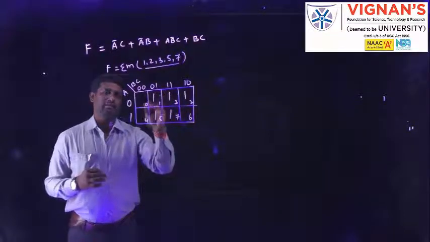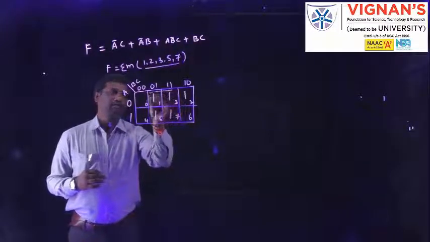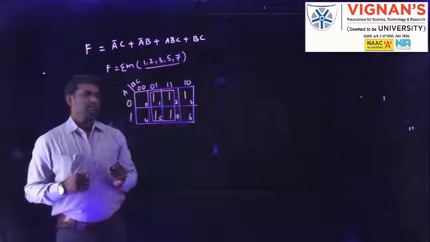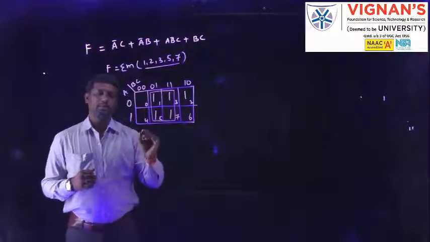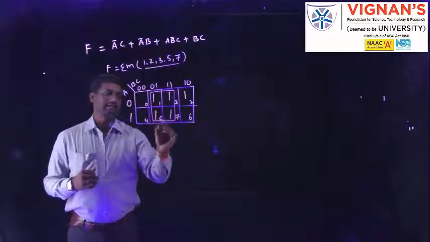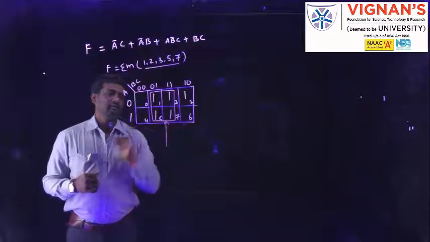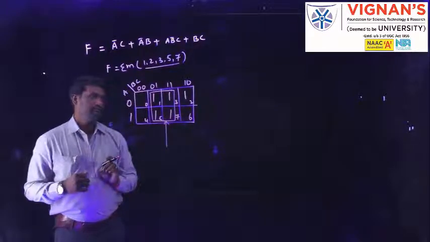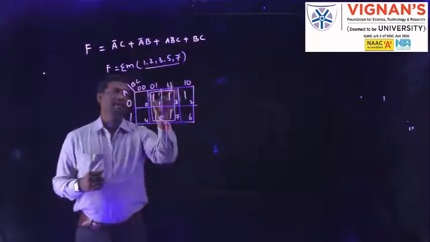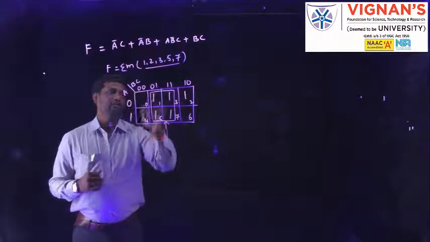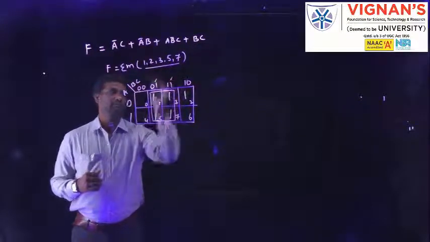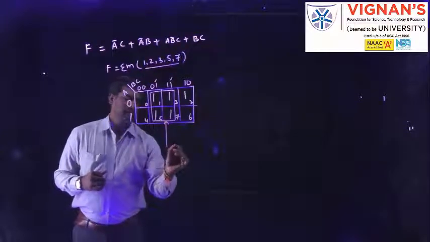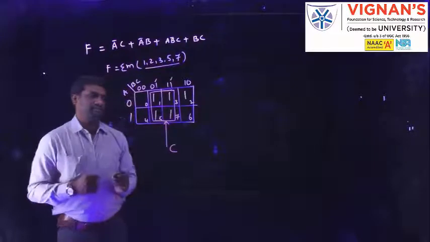The corresponding expression after grouping these 4 cells as one cell: there is no column-wise common variable, but there is a row-wise common variable, the second variable in the rows. So the simplified expression is C.